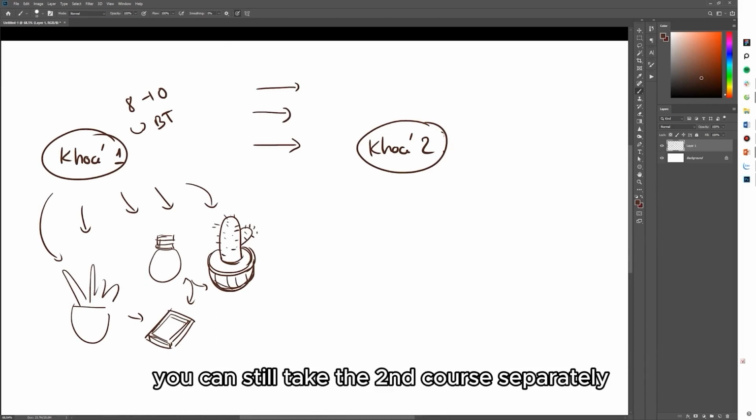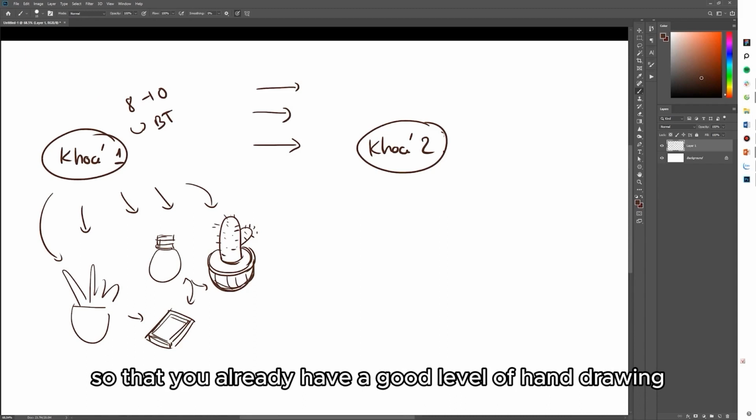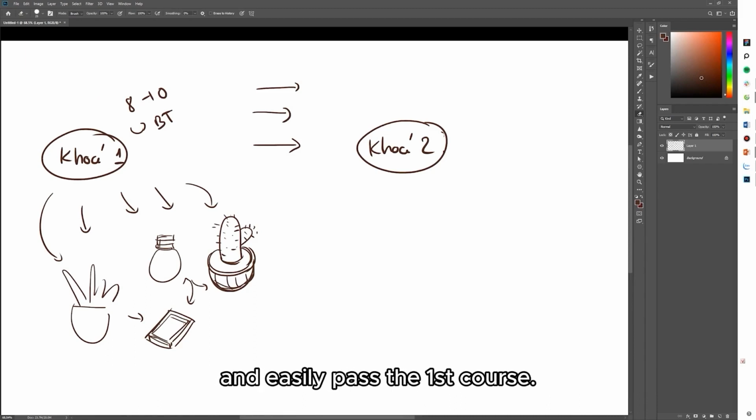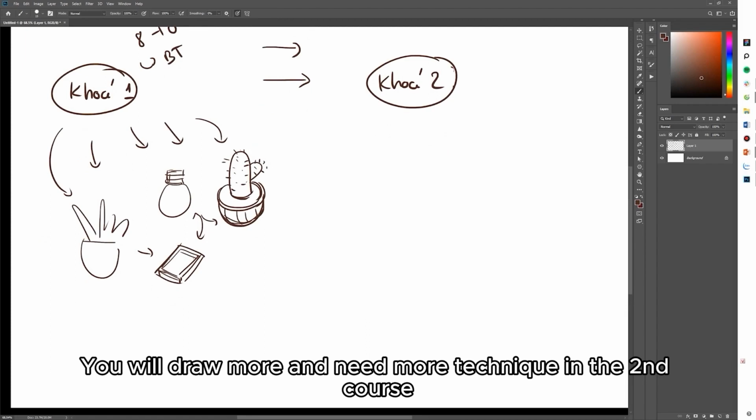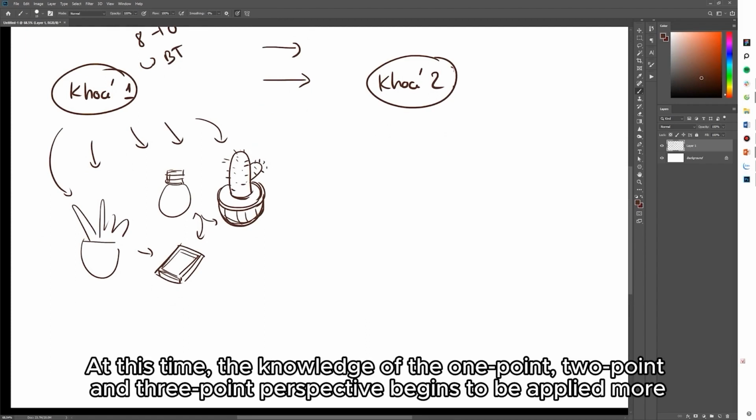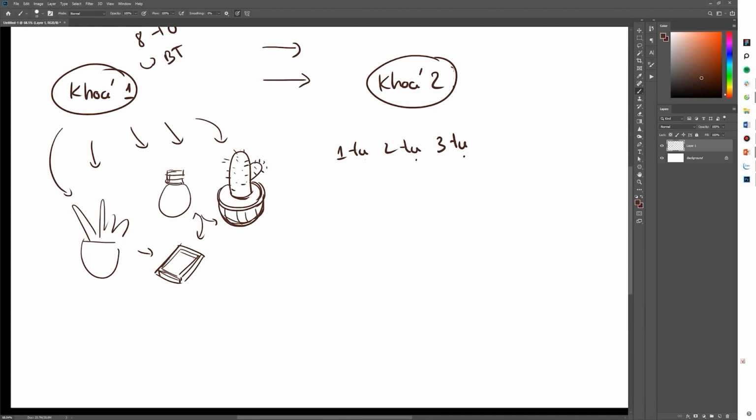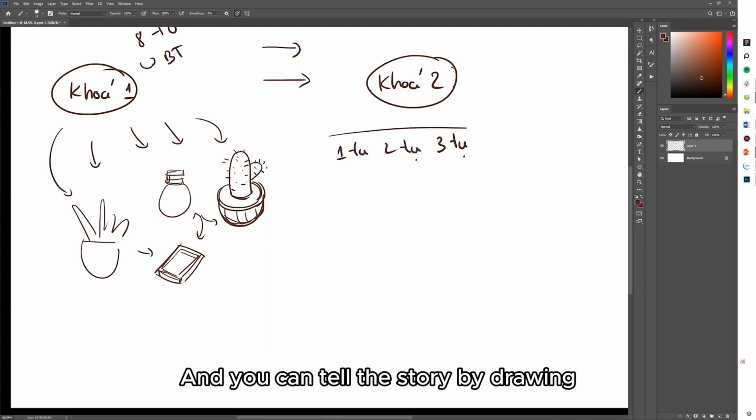You can still take the second course separately, so that you already have a good level of hand drawing, and easily pass the first course. You will draw more and need more technique in the second course. At this time, the knowledge of the 1-point, 2-point and 3-point perspective begins to be applied more. And you can tell the story by drawing.